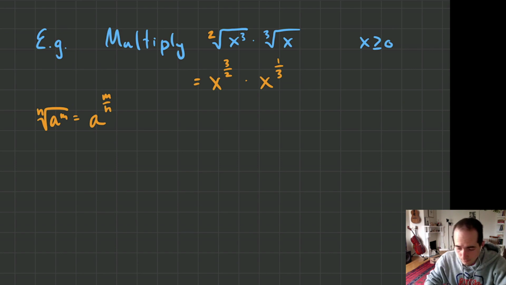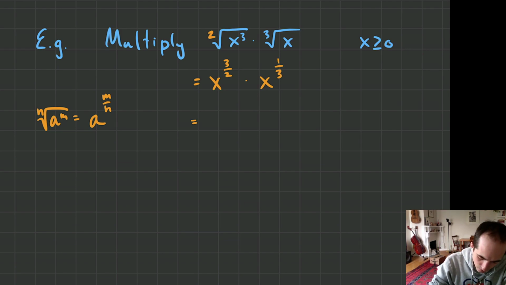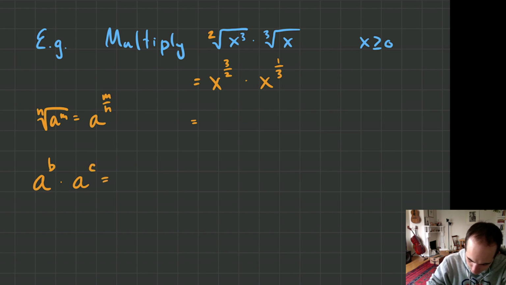Now, because we're multiplying two powers, and they have the same base, that base is x, all we have to do is add their exponents, right? Another thing that we learned yesterday was that a to the power of b times a to the power of c is equal to a to the power of b plus c.